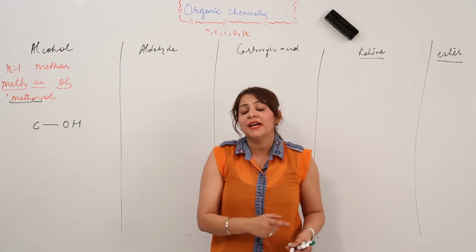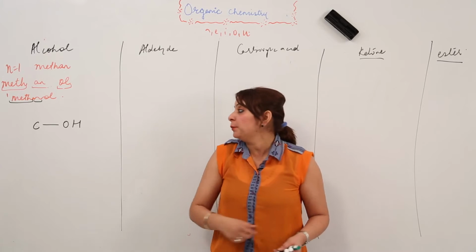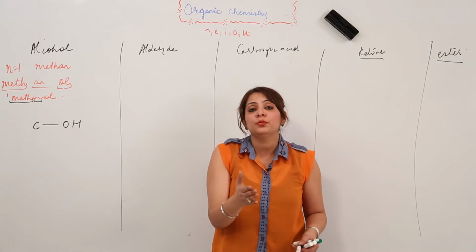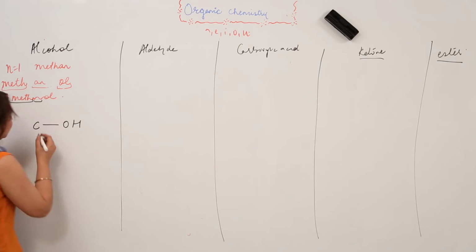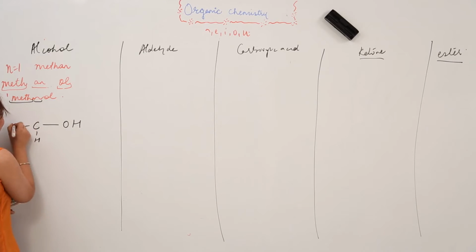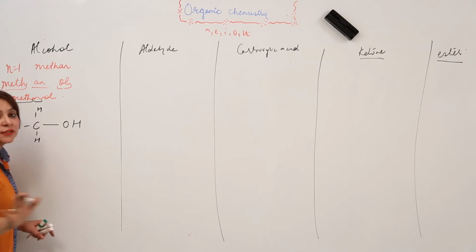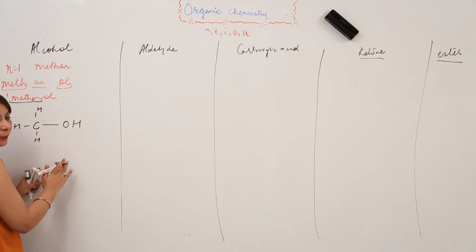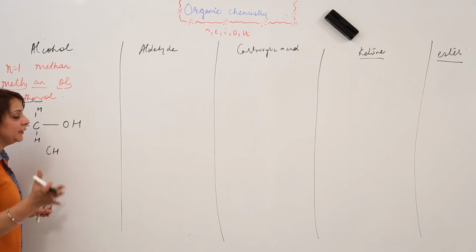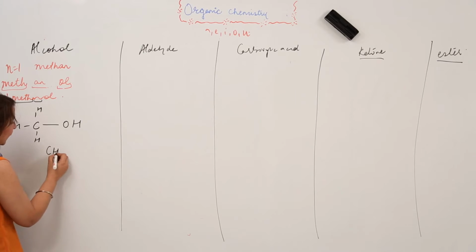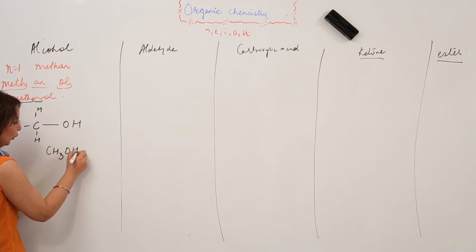As I told you, if there is no other carbon atom to pair up with carbon, you have to put H with them. So I am putting 3 H, and now the 4 valencies of carbon are satisfied. This is the open structure formula, and I can condense it by totaling the carbon and the hydrogen. So I can write CH3 and OH.